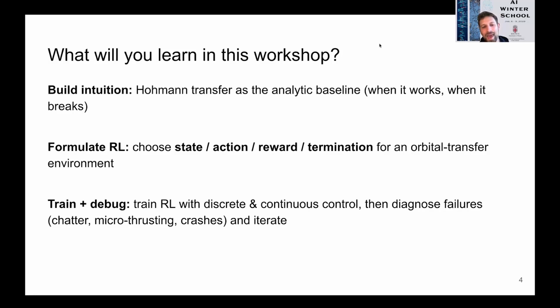At the end of the session, there's going to be the opportunity for you to take what you've learned, use your intuition, and update some of the parameters in a reinforcement learning training scenario and see if you can do better than the examples that I provide in terms of getting close to that analytic Hohmann ideal.